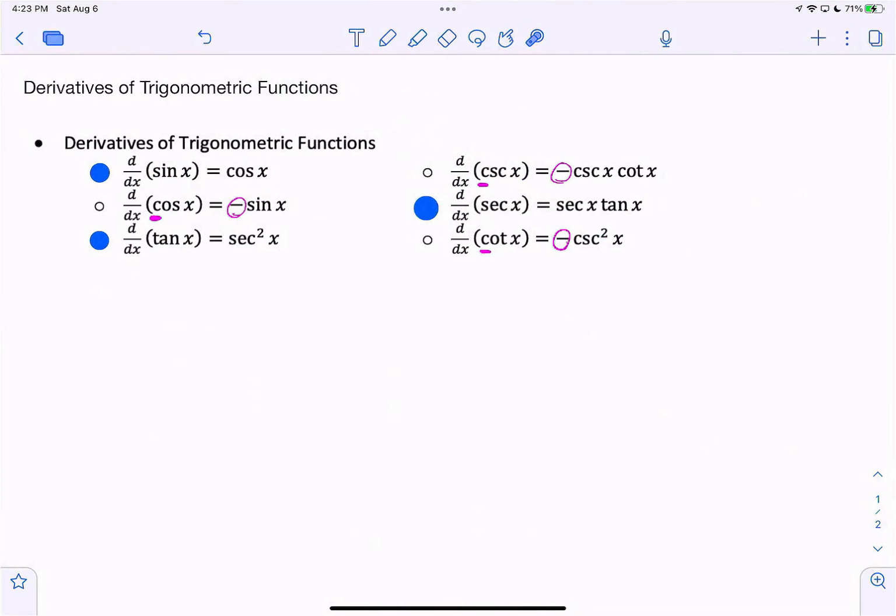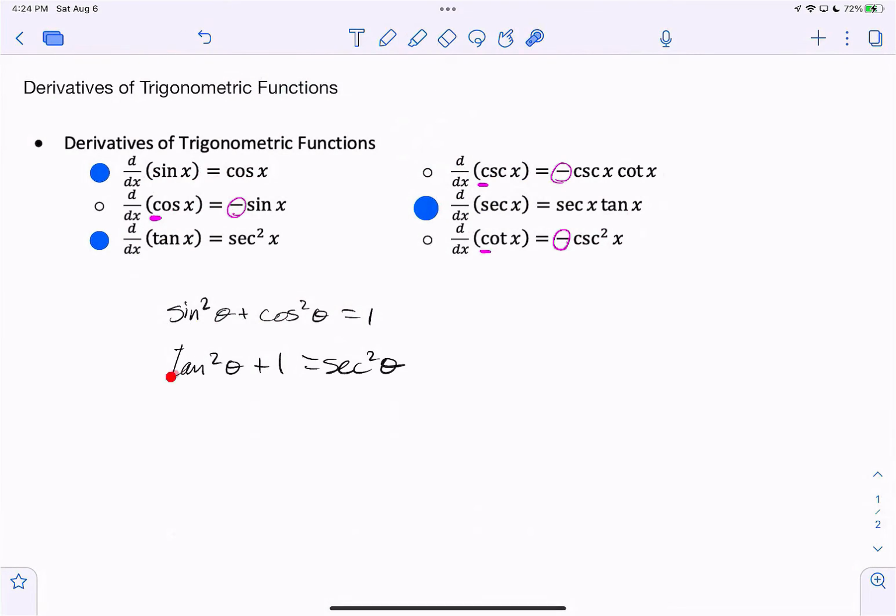Here's another thing. Sine tends to go with cosine. You may recall there's a Pythagorean identity that says the sine squared of theta plus the cosine squared of theta is equal to 1, which doesn't have anything directly to do with calculus, but it's to say that the sine goes with the cosine in the Pythagorean identity, and in their derivatives, it turns out to be the case as well. Further, there's a Pythagorean identity that says that the tangent squared of theta plus 1 is equal to the secant squared of theta.